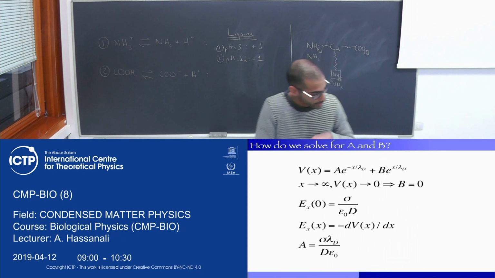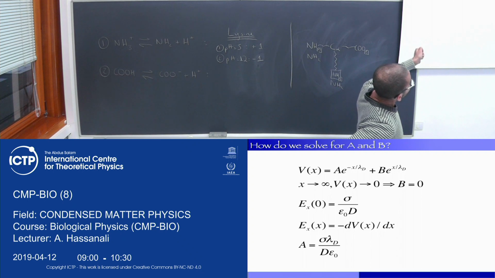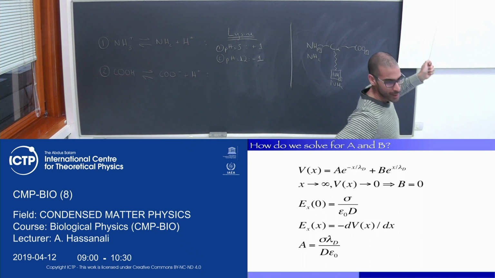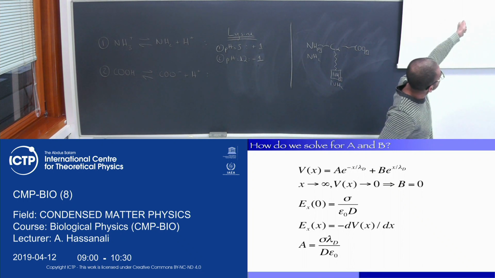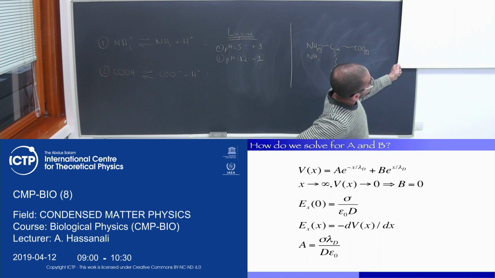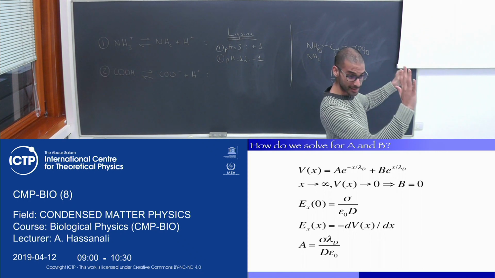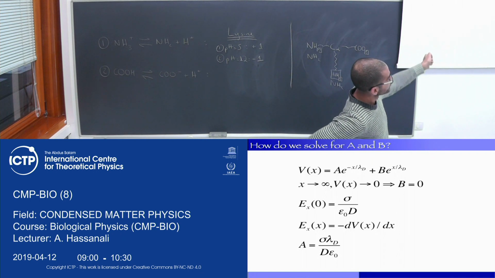Okay, so we can explicitly solve for this. As x goes to infinity, without loss of generality, the potential goes to 0. The electric field at the surface is given by the surface charge divided by this factor here, which is the dielectric constant times the permittivity.